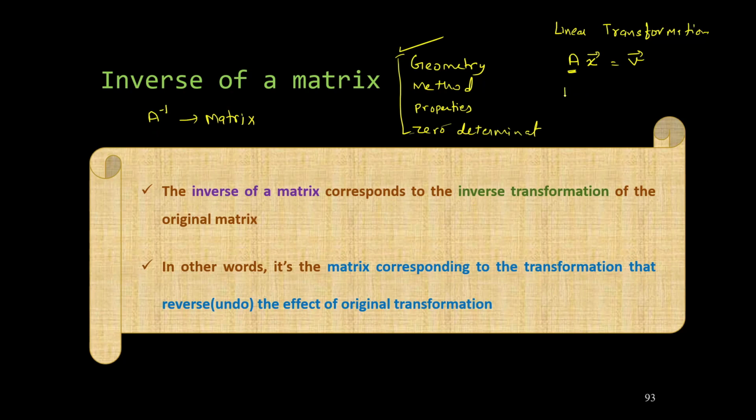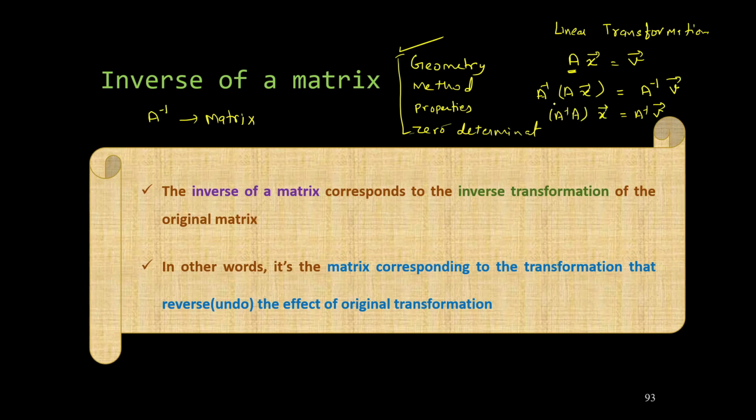But mathematically, what I want to say is, if on this Ax I just apply one more linear transformation which is A inverse, so this is some new matrix, and the transformation associated with this matrix, if I want to see what the effect is, it would be mathematically the same as applying this matrix on vector v. So if you know a little bit of matrix algebra, this would be A inverse A applied on x.